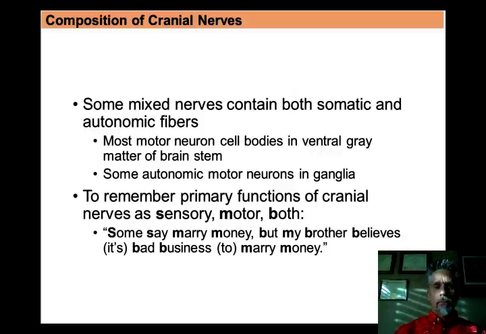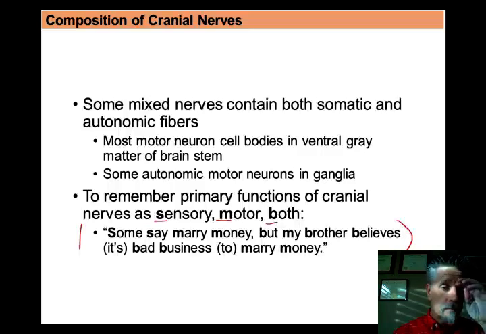When we look at these, remember that a lot of the cranial nerves that we have are mixed nerves. A lot of the nerves that we have are mixed nerves as well. Here's another mnemonic. Some say marry money, but my brother believes it's bad business to marry money. If you look at the beginning of those words, it tells you whether those 12 cranial nerves are sensory, motor, or both, right?